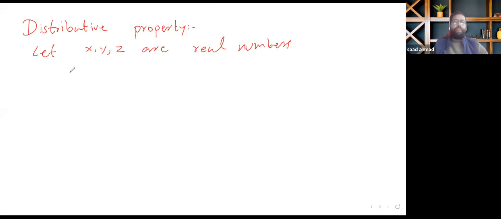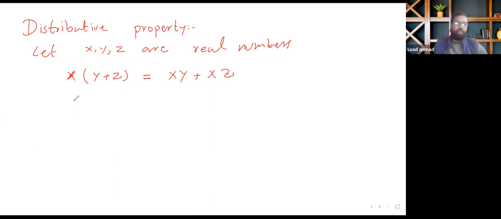Let's say we have x times (y plus z). This is called the distributive property of multiplication over addition. How can we write it? It's the same as x times y plus x times z. We can distribute this number inside among them like this. So the real numbers have the distributive property.